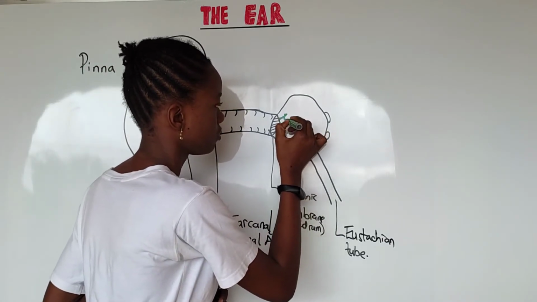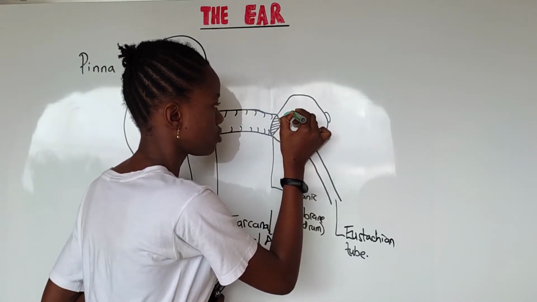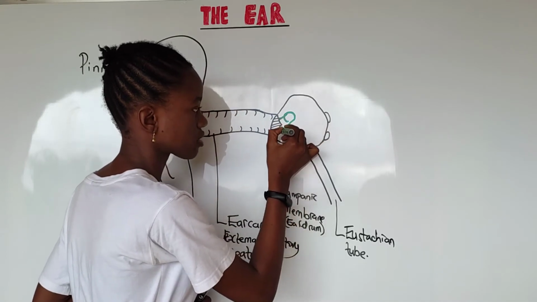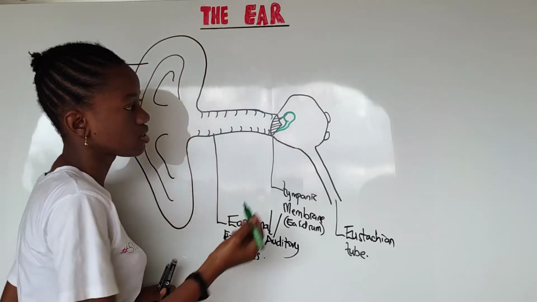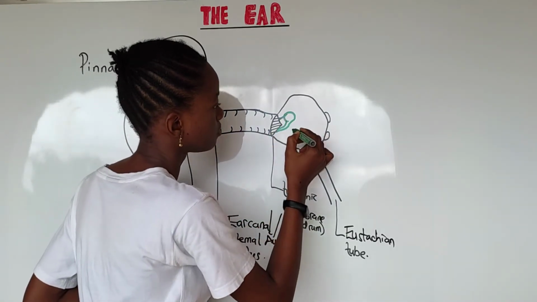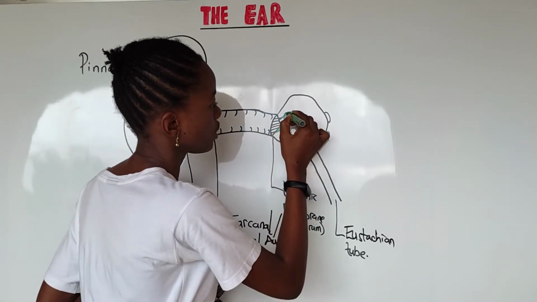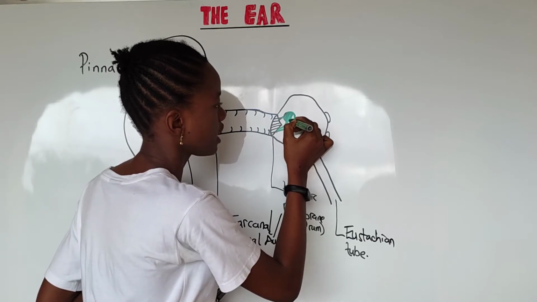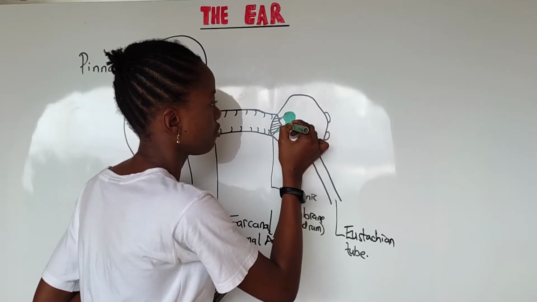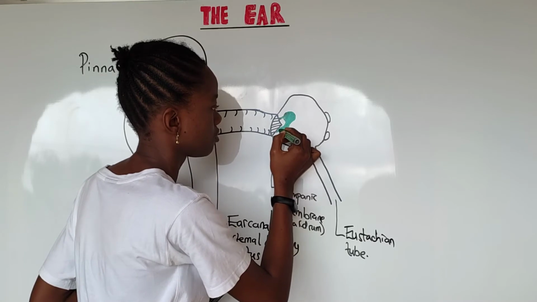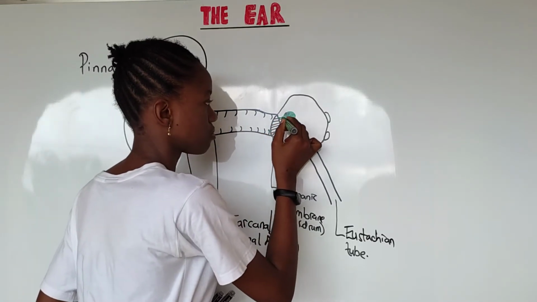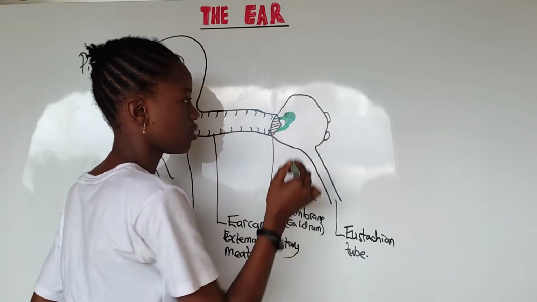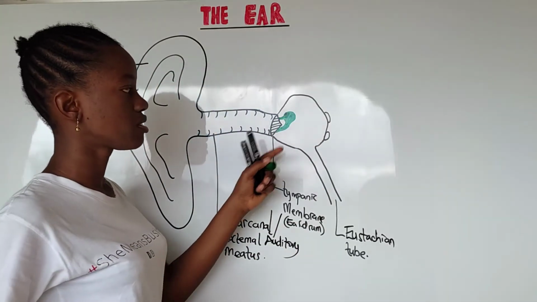We're going to draw them with another color so that you can see the ear ossicles. The one that is in contact with the tympanic membrane is called the malleus.